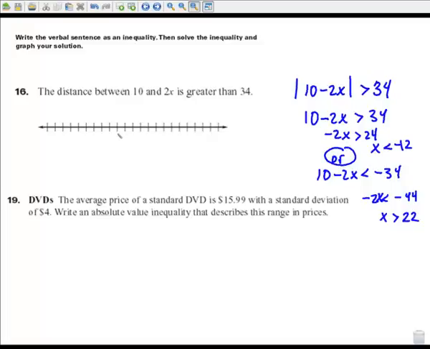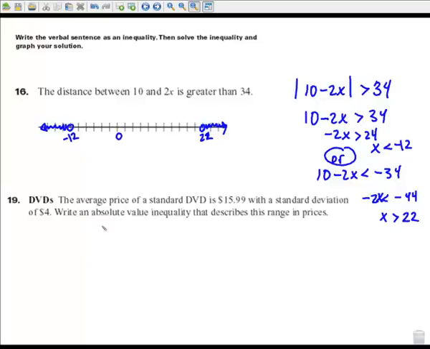So let's see if I put my 0 here. 2, 4, 6, 8, 10, 12. Negative, open circle, less than. And 2, 4, 6, 8, 10, 12, 14, 16, 18, 20, 22. And again, open circle. There we go.